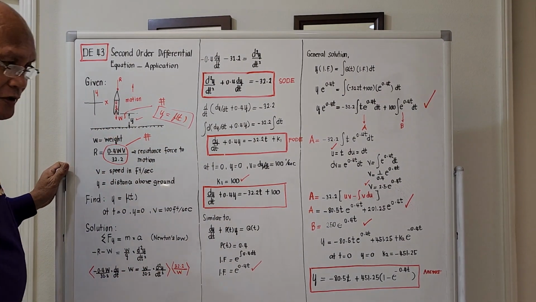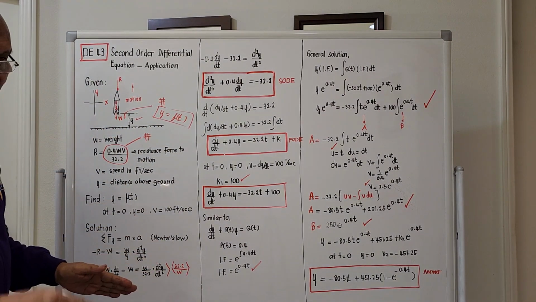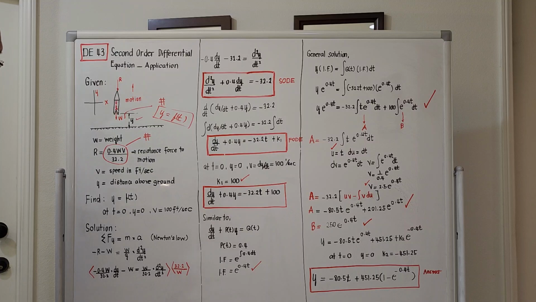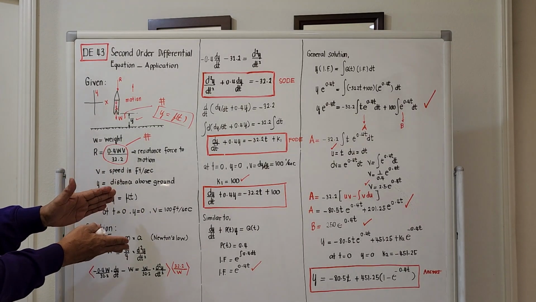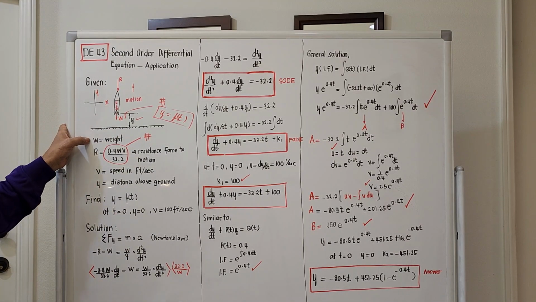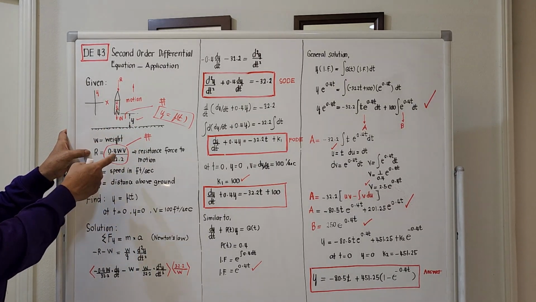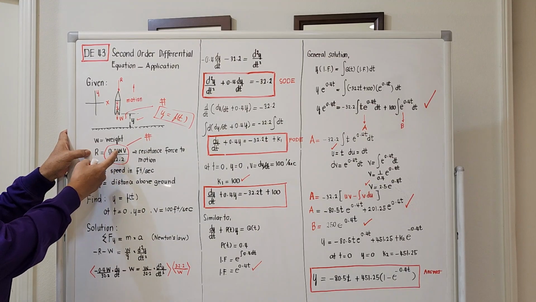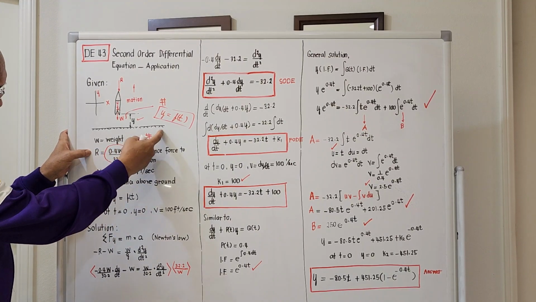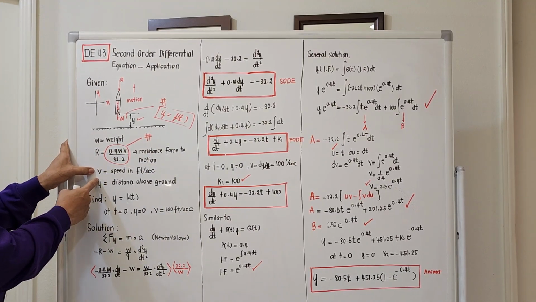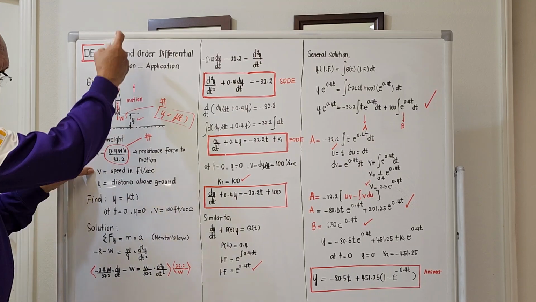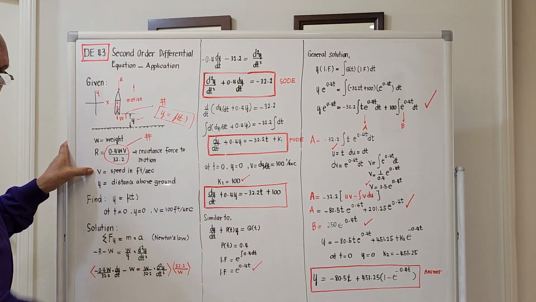This problem now, we must solve this in relation to Newton's law. So, I place the legend over here. W is weight. The resistance to motion in terms of weight and velocity is 0.4 WB over 32.2 in terms of pounds. And B is actually the speed of the rocket ship in terms of feet per second.